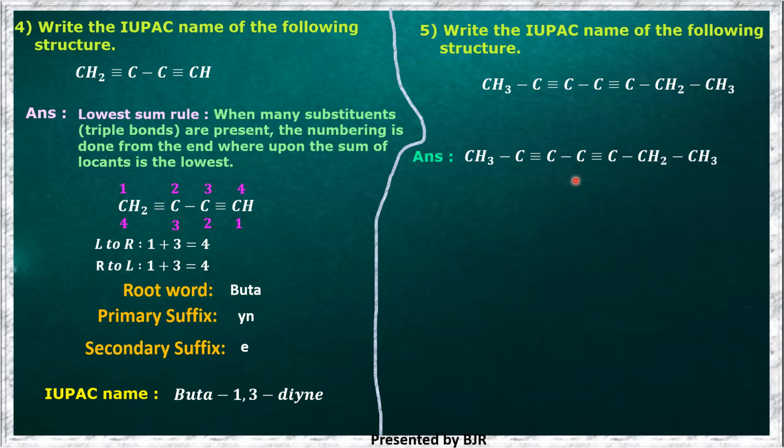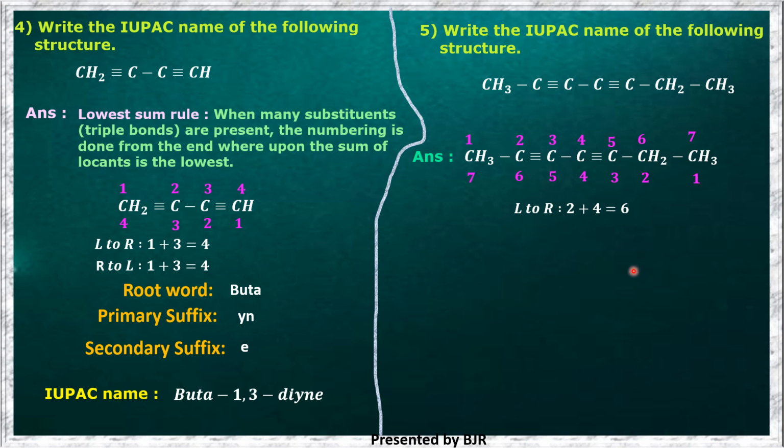First, let us write the given structure as it is. Okay, so here I am giving the numbering from left to right and right to left. So let us ascertain which one is correct.